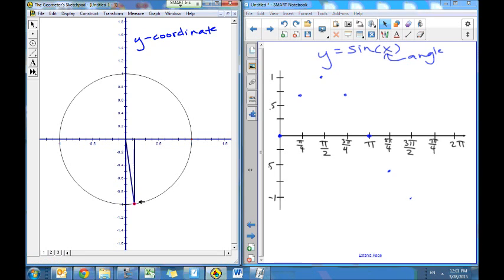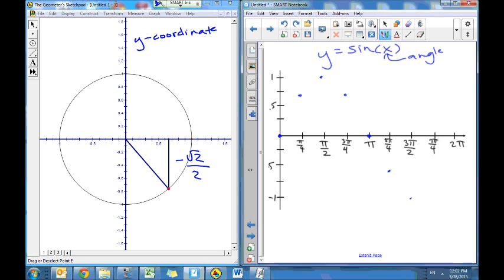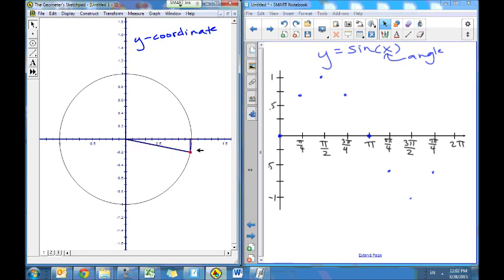Okay, and if I keep going, then I'm at 7 pi fourths, which is again still below, it has a negative y coordinate, negative root 2 over 2, which is about right there. And then I come full circle at 2 pi, and I'm back at 0.